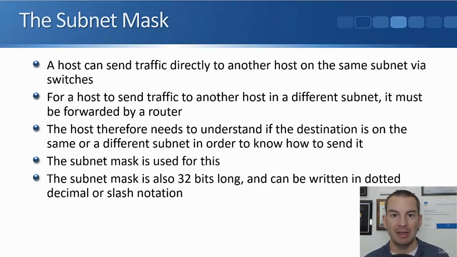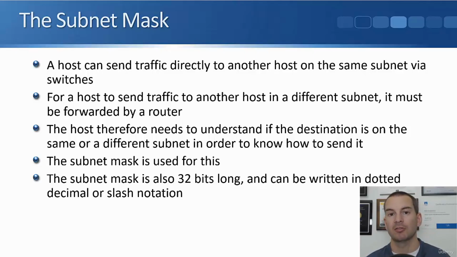If the destination is on the same subnet, it will send it there directly. If it's on a different subnet, it knows that it has to send it to the local router, which is the default gateway. And the way that the host knows whether the destination is on the same subnet or a different subnet is by comparing the IP address of the destination to its own IP address and subnet mask.